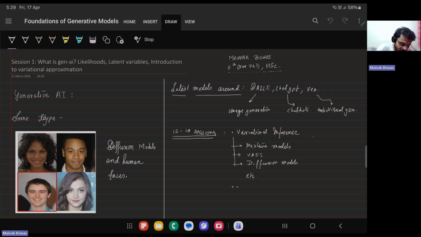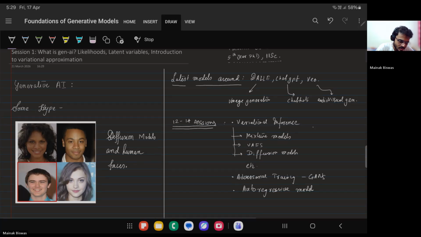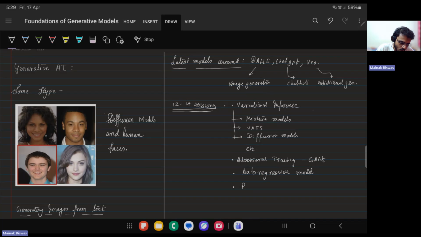We would be doing adversarial training like GANs, and autoregressive models. If time permits, we'd also do recognition based models and probabilistic models.